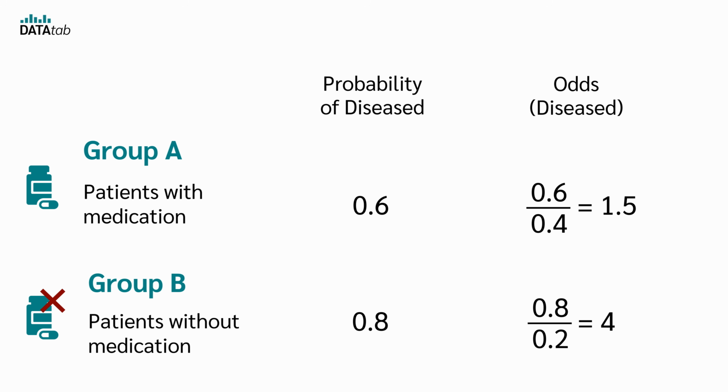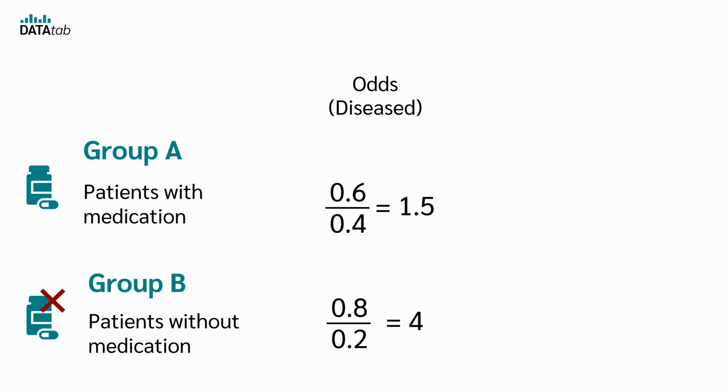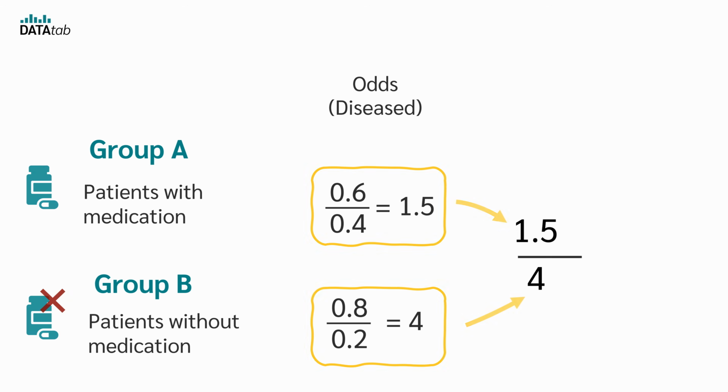Therefore, in group B, the likelihood of being diseased is 4 times higher than the likelihood of not being diseased. What about the odds ratio? With the odds ratio, we can now compare the two groups.